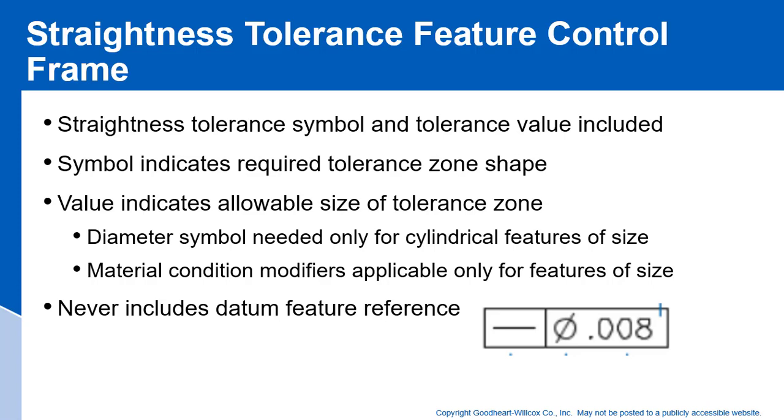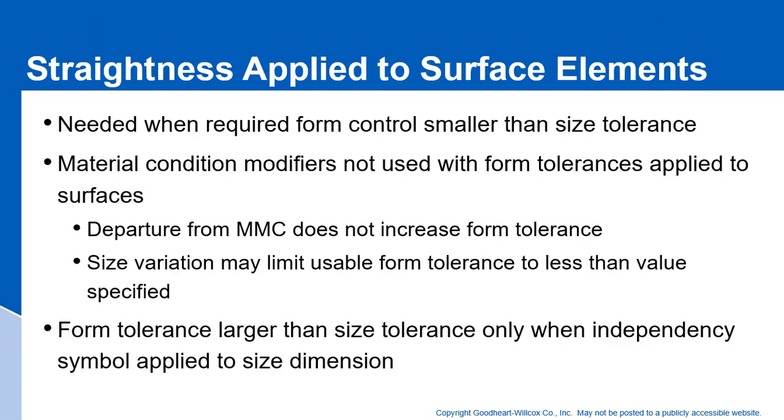Okay, so I keep emphasizing here that straightness tolerances can be applied to surface elements or they can be applied to features of size. So let's explore straightness applied to surface elements first. We do this when the required form control is smaller than the size tolerance.